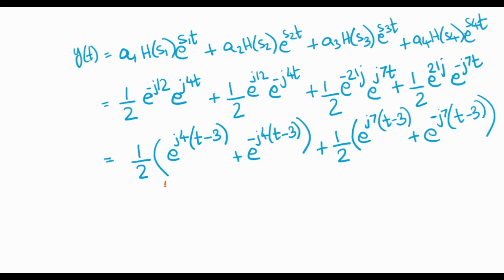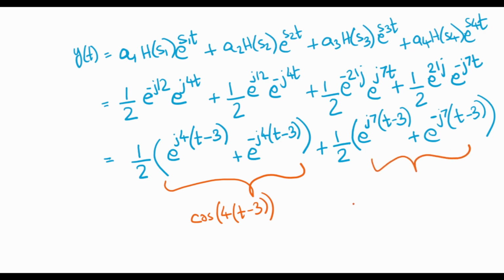So this again is nothing but the Euler's relation for cosine of 4 times t minus 3, and this is cosine of 7 times t minus 3.